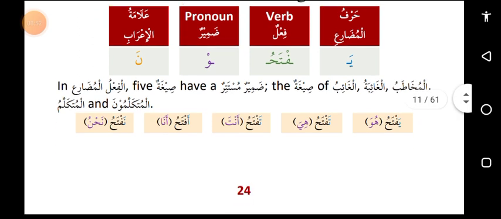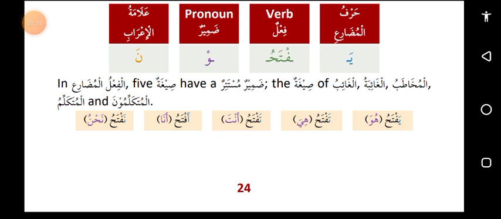So in fi'l al-mudari, five sighas have a damir mustatir. The sigha of al-ghaib, al-ghaiba, al-mukhatib, al-mutakallim and al-mutakallimun. The examples are yaftahu huwa, taftahu hiya, taftahu anta, aftahu ana, and naftahu nahnu.